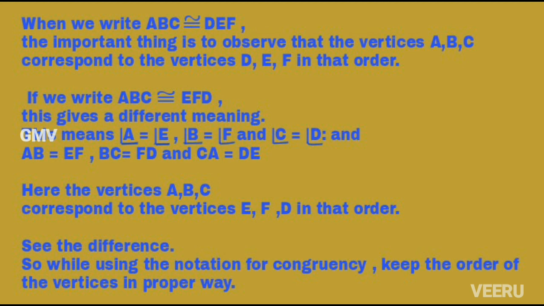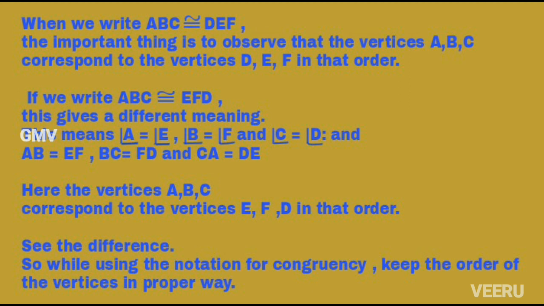If we write triangle ABC is congruent to triangle EFD, it means angle A is equal to angle E, angle B is equal to angle F, and angle C is equal to angle D. And also, AB is equal to EF, BC is equal to FD, and CA is equal to DE.